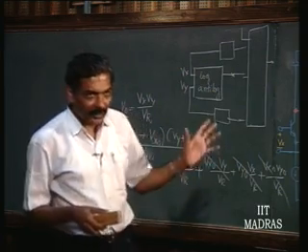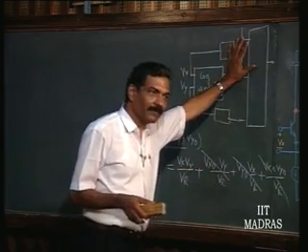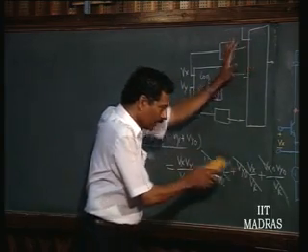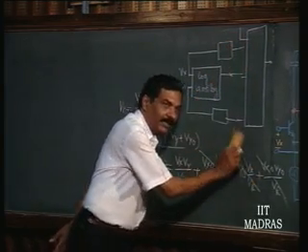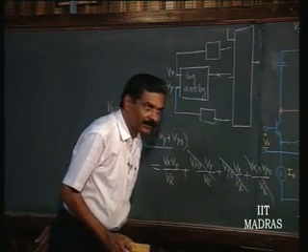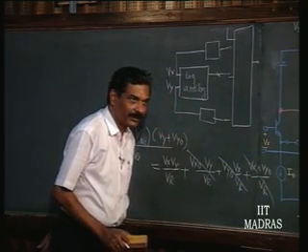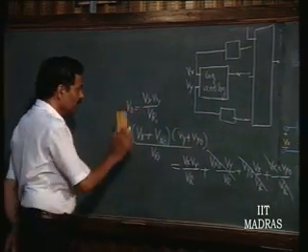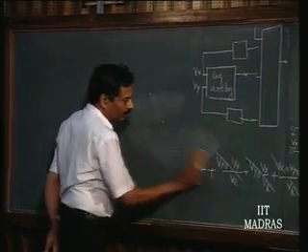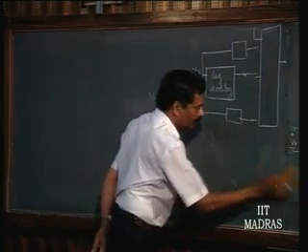Any single quadrant multiplier can always be converted by subtracting the feed through components as well as deducting the offset voltage. So, please do this homework and come for the next class.